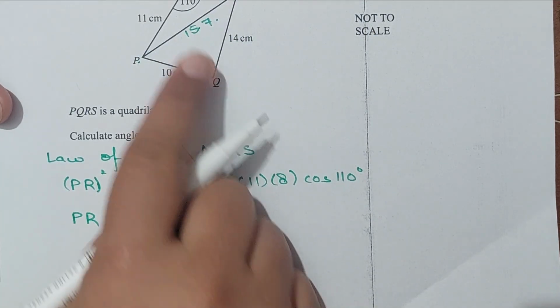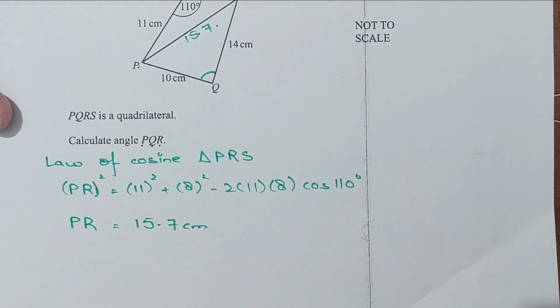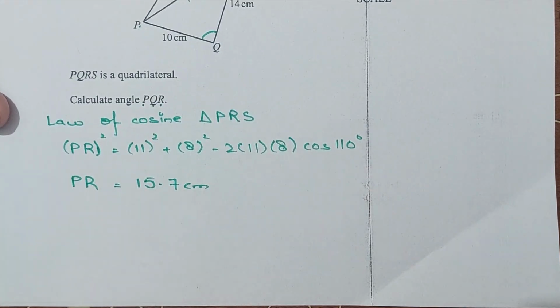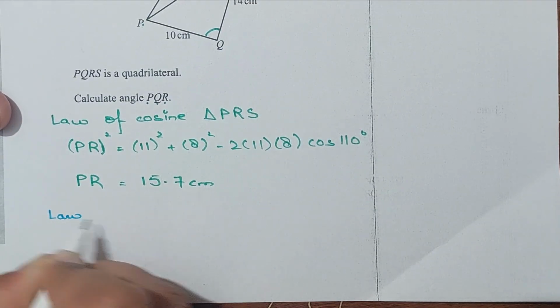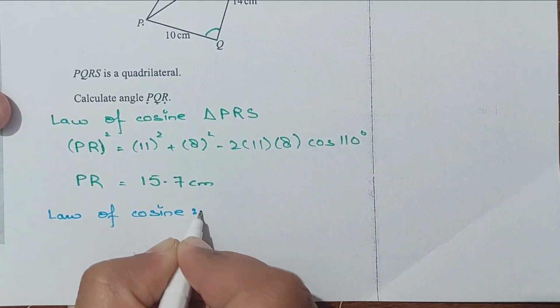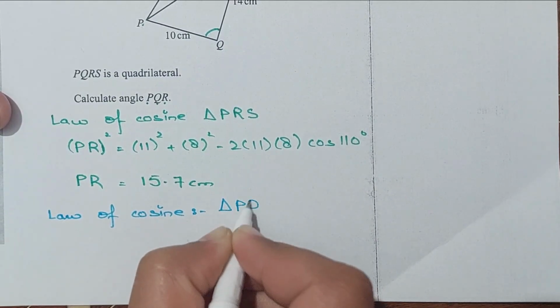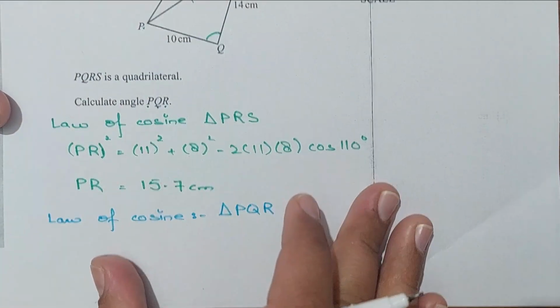Now we have to find its front angle. All three sides are given, so we are applying the law of cosine again, on the triangle PQR, because all three sides of the triangle are given.